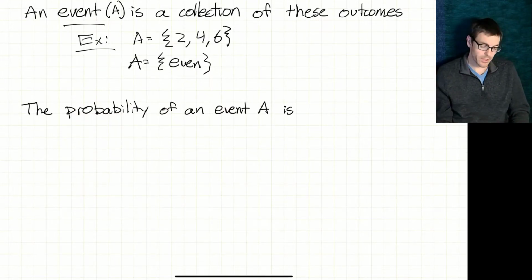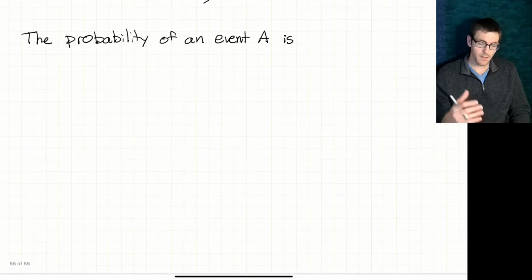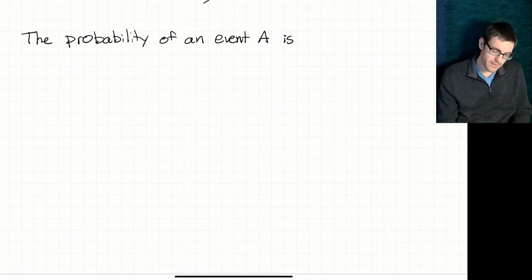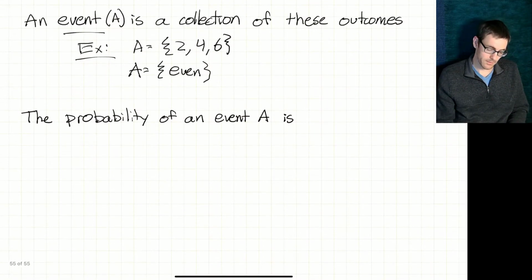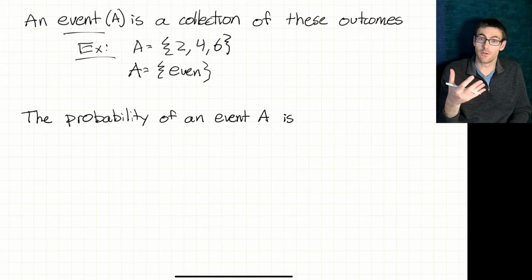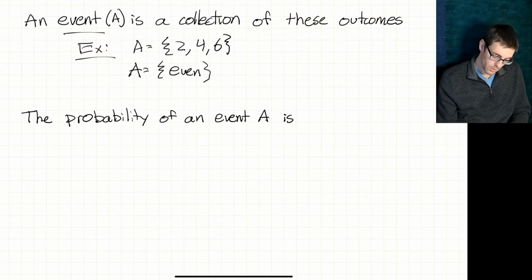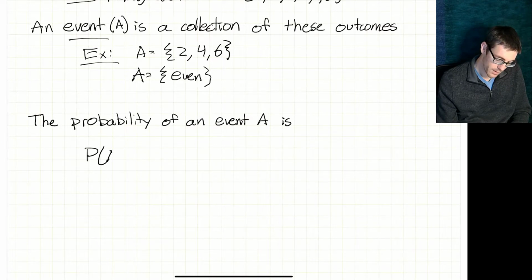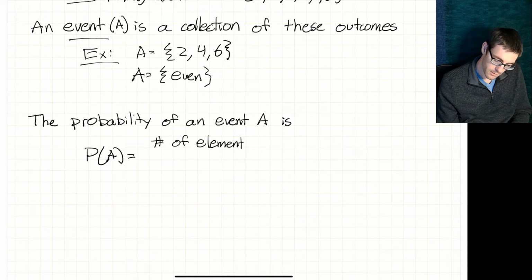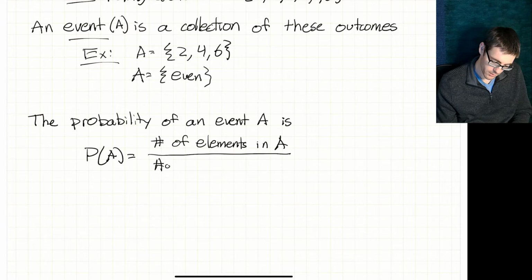All right, and so this is actually enough for us to start to be able to say our first probability formula. If we've got some event A, like the event where the result of the die was something even, then we can calculate the probability of that event occurring by saying it's the number of elements in A, which in this example was 3, divided by the number of elements in total, so in the entire sample space.